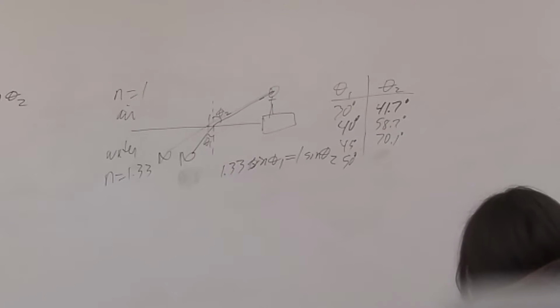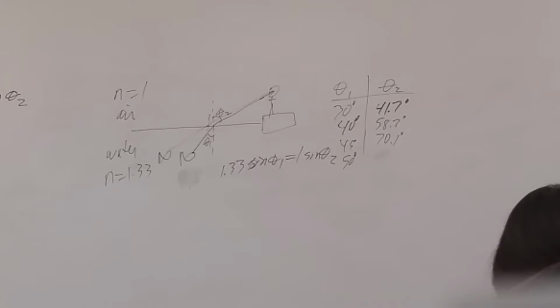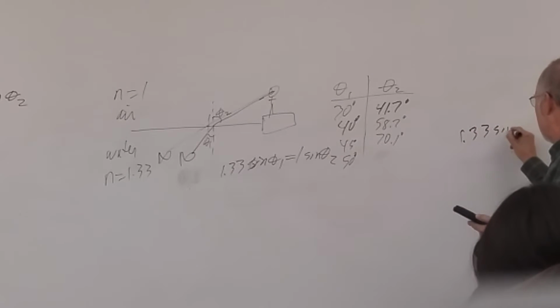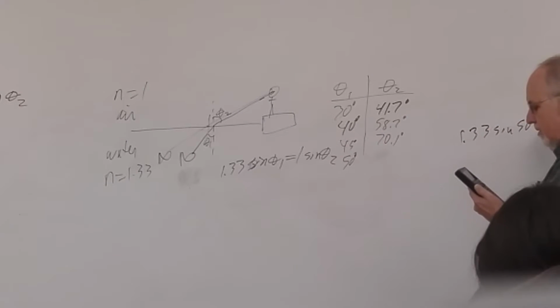Do 1.33 times sine of 50, and then do the arc sine of that answer. This gives you an error. Because what's happening is 1.33 times the sine of 50 is 1.0188 and some more decimal places.